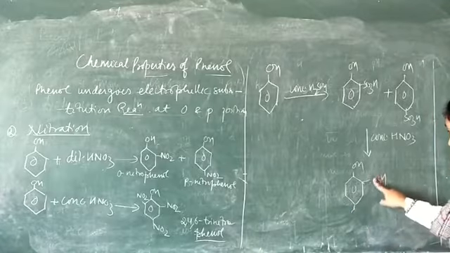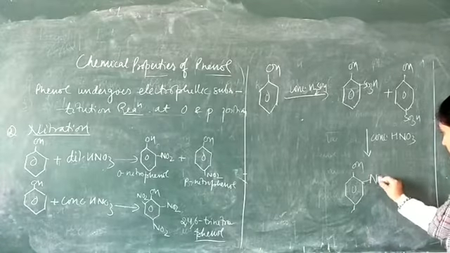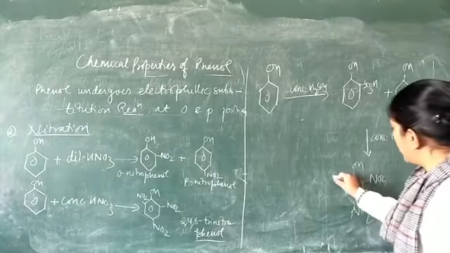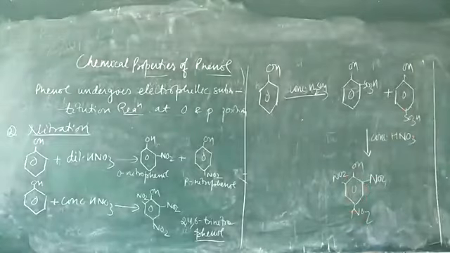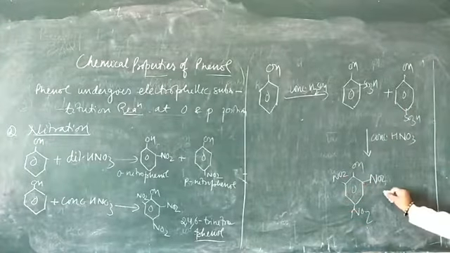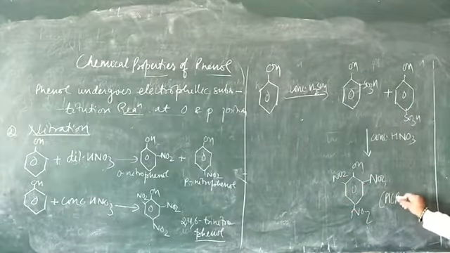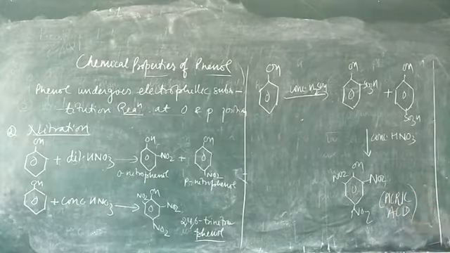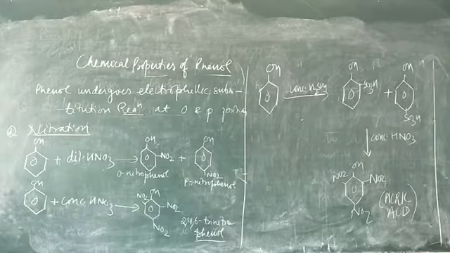NO2 and NO2. Right. Now this student 2,4,6 trinitrophenol is also known as picric acid. Right. So first the phenol will be sulfonated.